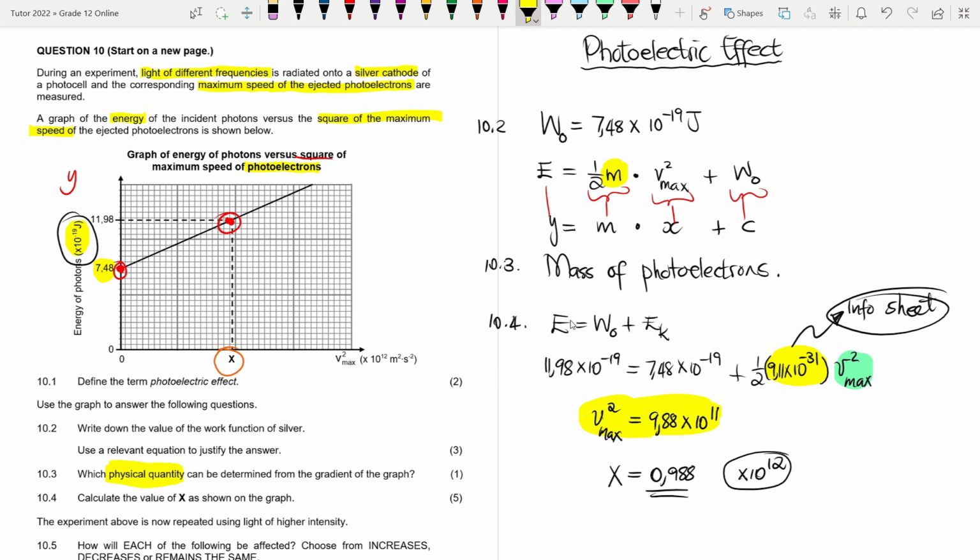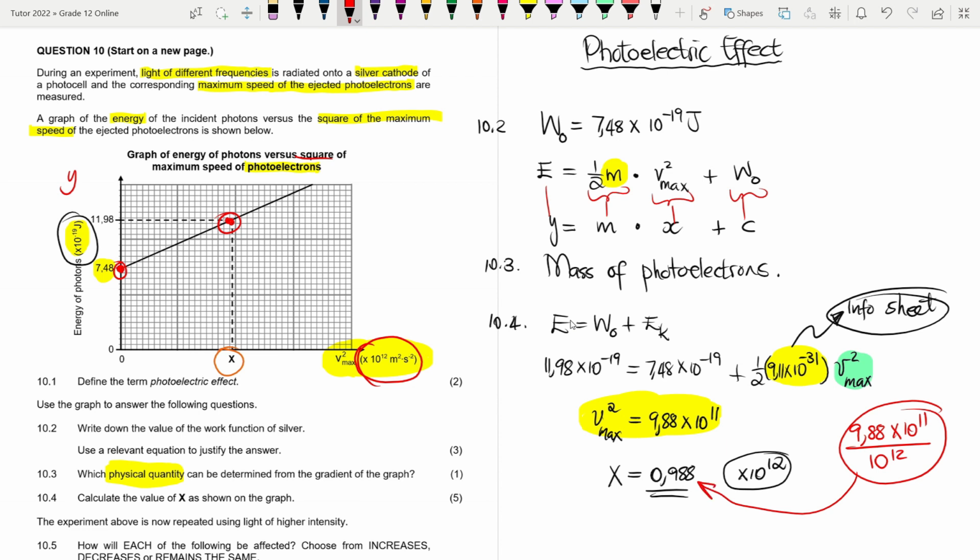The reason why we want to keep it as v squared max is because our x on the graph is v squared max. And another thing is that it's already factored out as times 10 to the power 12. So if I say x is this value, that's not correct. I have to remove times 10 to the power 12. So in other words, I have to take 9.88 times 10 to the power 11 and divide by times 10 to the power 12. Then that gives me the value of x, which will be in terms of times 10 to the power 12. I don't know if that makes sense.